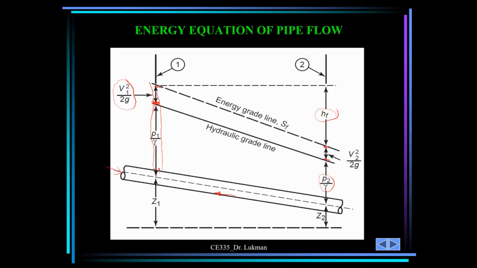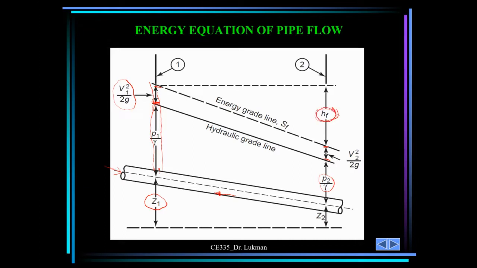For the Bernoulli principle, we are assuming that there is no head loss; we are neglecting losses. So we are saying that the elevation head plus the pressure head plus the velocity head is constant along a pipeline. If we apply the Bernoulli equation here, it means we are going to neglect the head loss, which is hf.